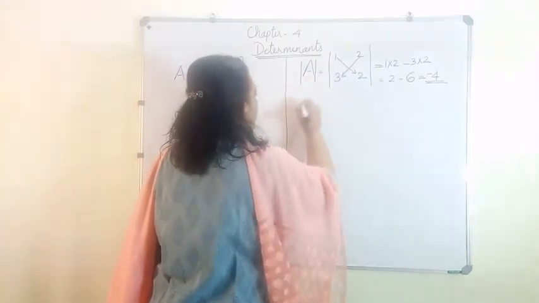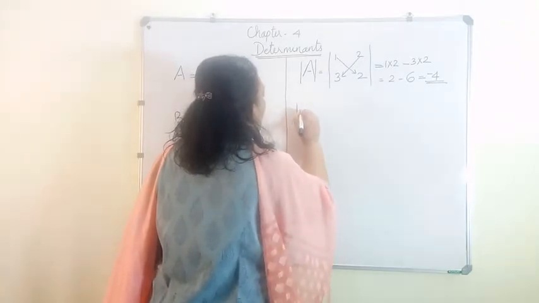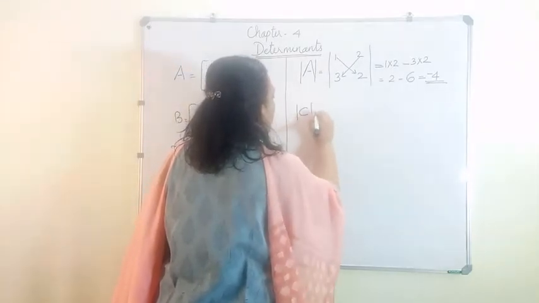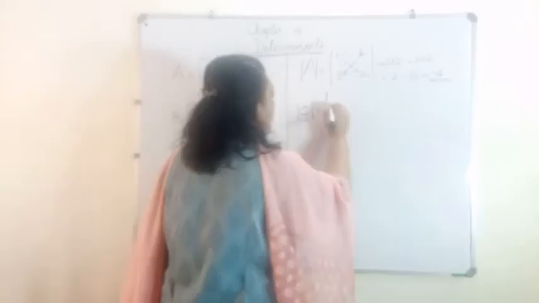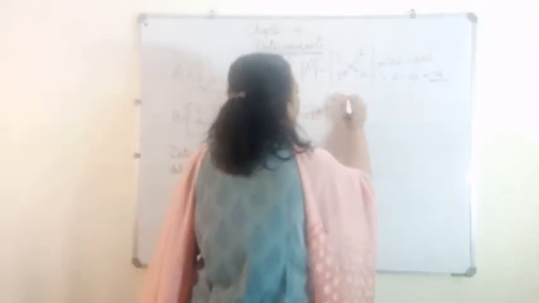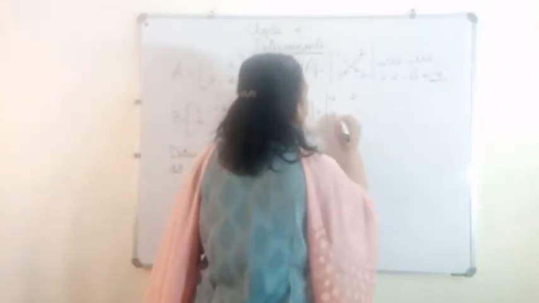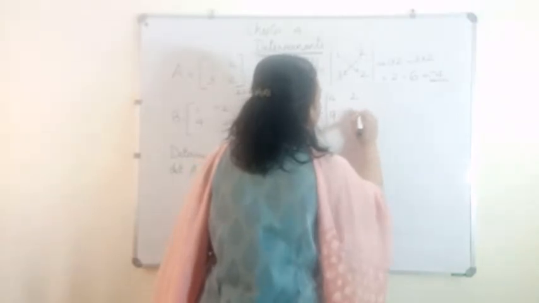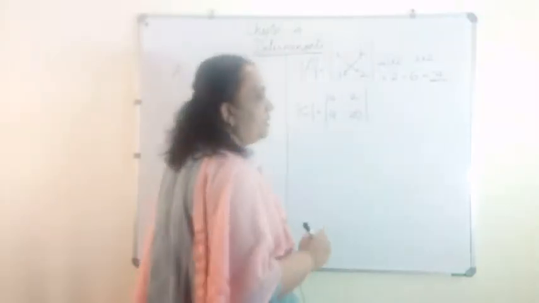Determinant of matrix C is equal to determinant 4, 2, 9, 20. What will be the value of this determinant?